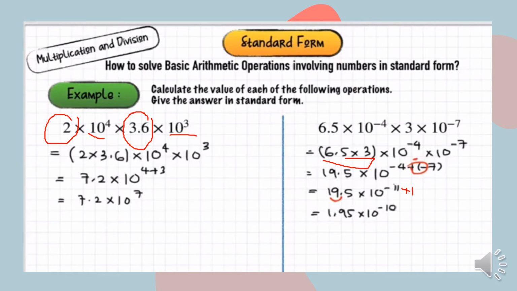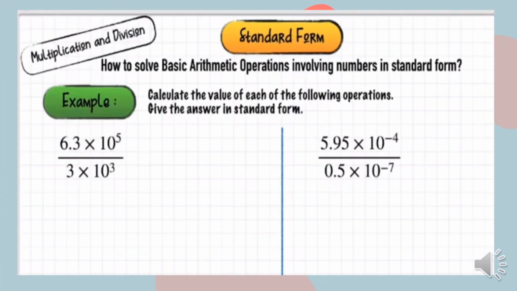Once you move to the left, it means what? You have to plus 1 here, because you move only one time. That's how you got 1.95 times 10 to the power of negative 10, because you want to make the number smaller. It is an integer more than 10, so you just move it.